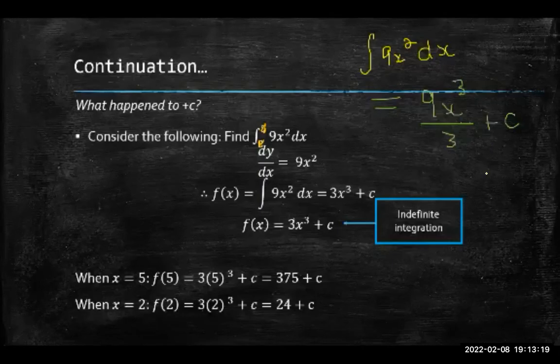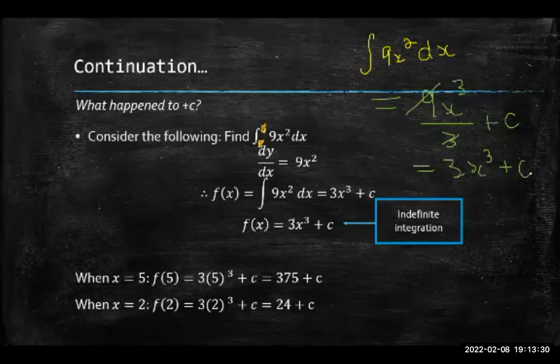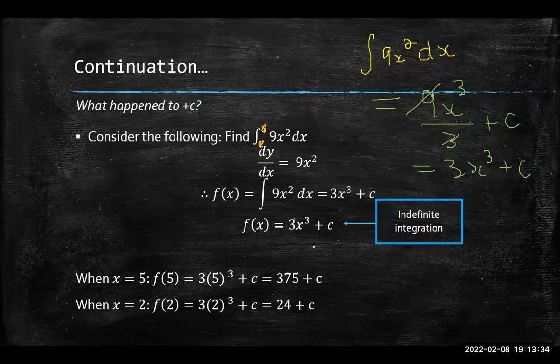That's if you're doing indefinite integration, right? But of course, you won't leave it like this. You would reduce it to 3x cubed plus c. That's what I have here. F of x is equal to 3x cubed plus c. That's your indefinite integration. We know about that.